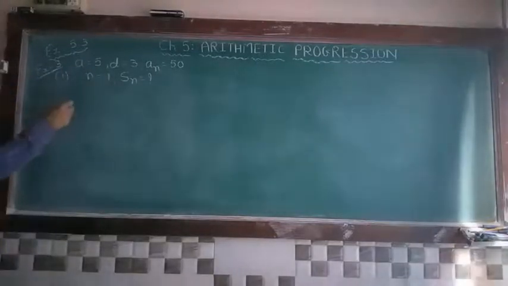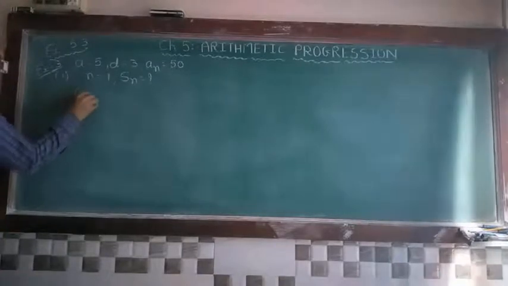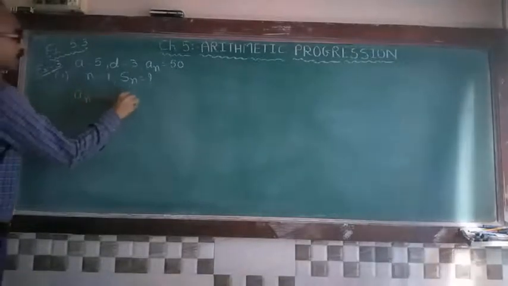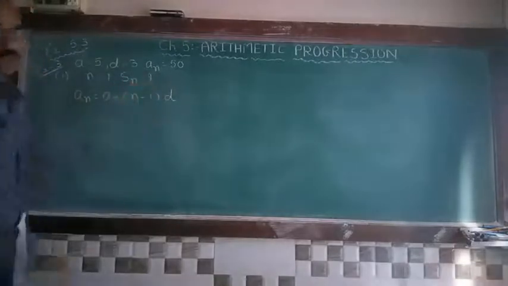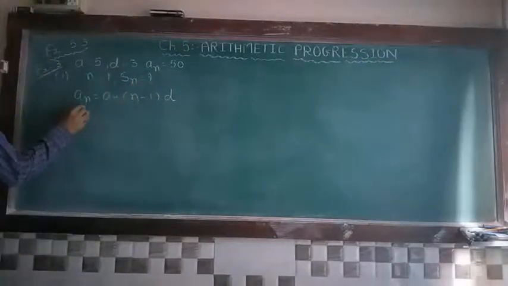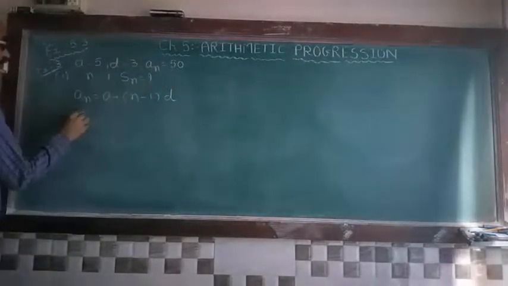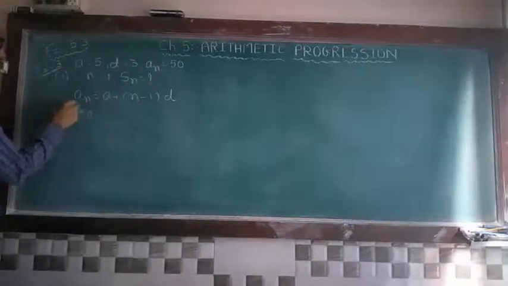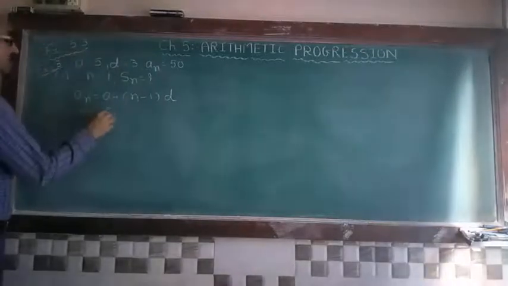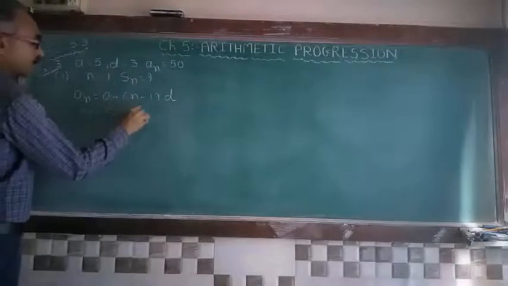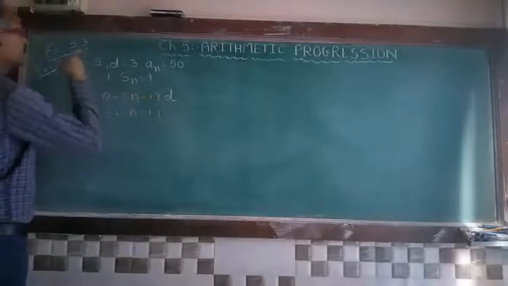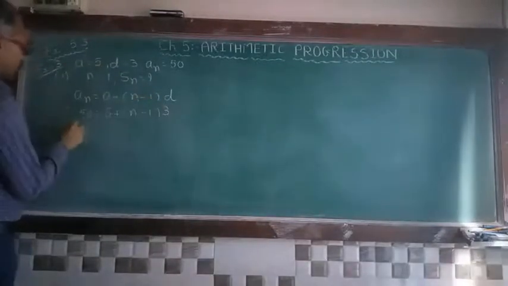So first write here an is equal to a plus n minus 1 into d. Okay, so an is given to you, 50. Write down here 50 is equal to a, which is 5, plus n minus 1, and d is given to you, 3.